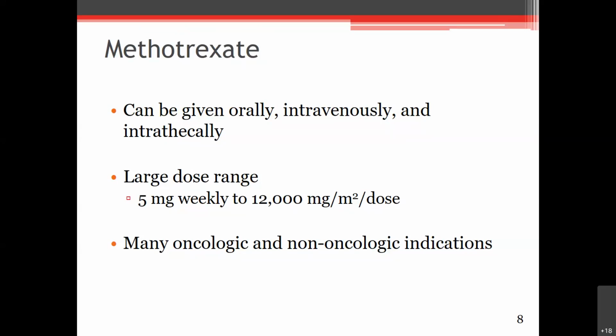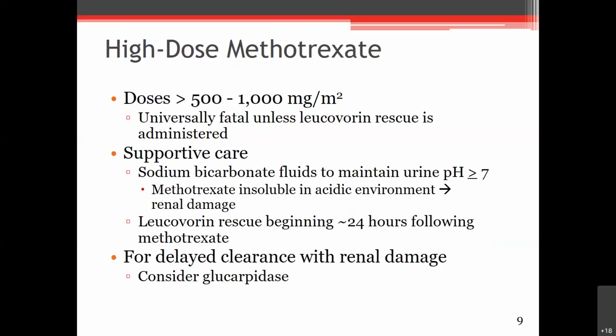So in those patients with primary CNS lymphoma, we actually see a higher dose of methotrexate, which is typically 8,000 milligrams per meter squared. And then we go all the way up to 12,000 milligrams per meter squared for some osteosarcoma protocols. And in those cases, we do often meet our maximum dose. So we typically cap methotrexate at a max dose of 20 grams.